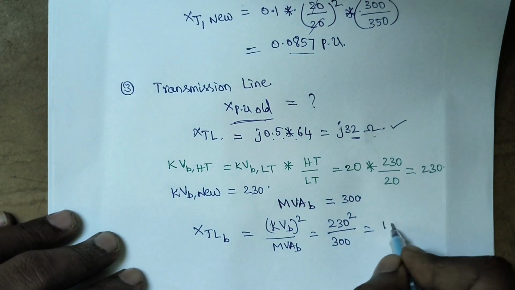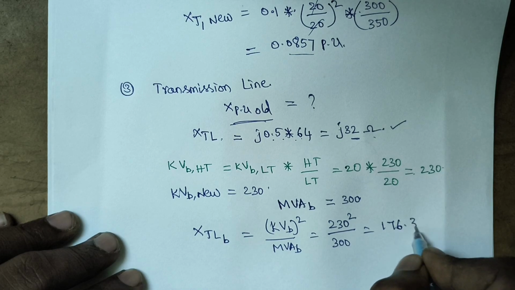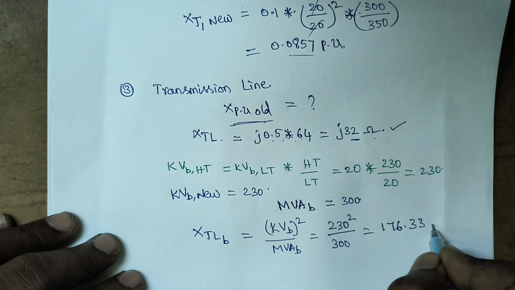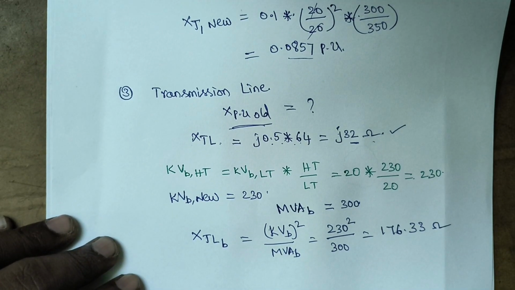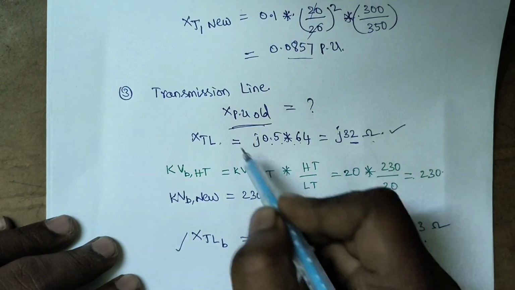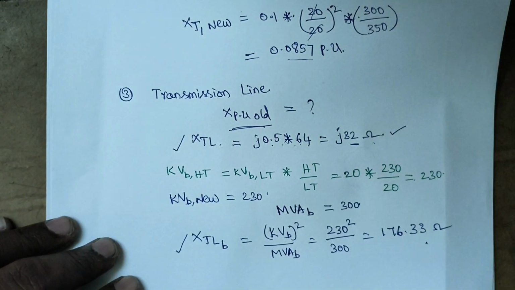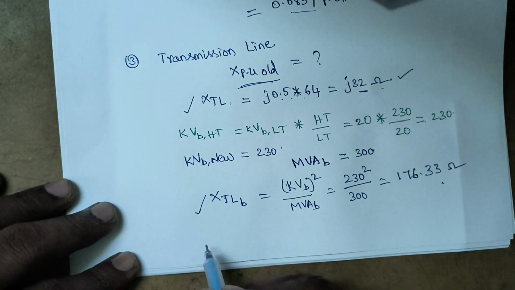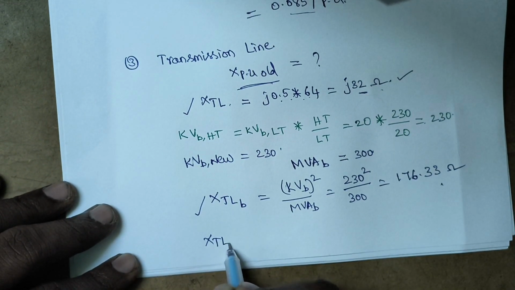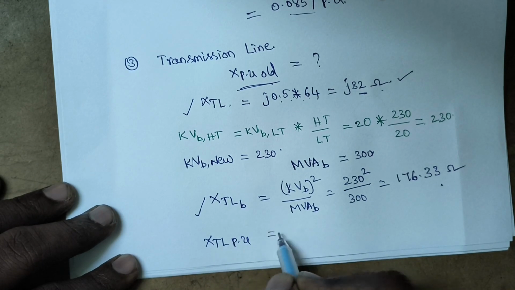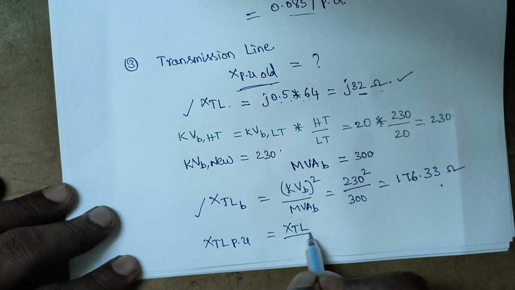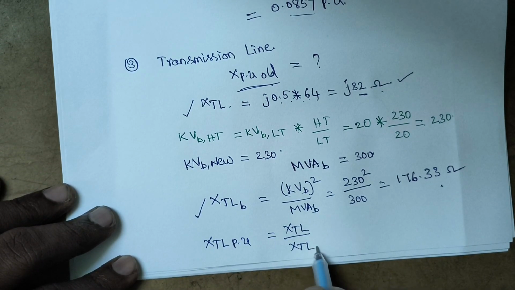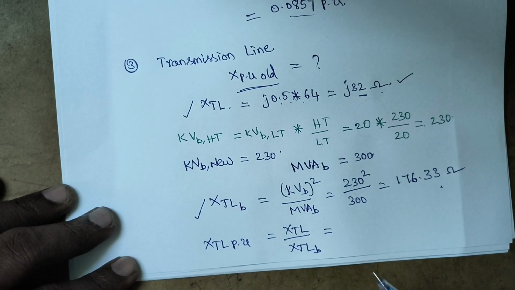This is 176.33 ohms. So I have XTL base and XTL actual. Now I can find the per unit value of the transmission line. XTL per unit is equal to XTL by XTL base, that is actual value by base value.